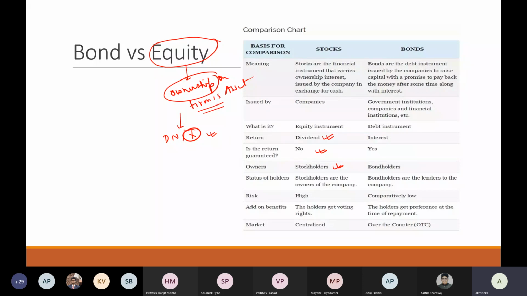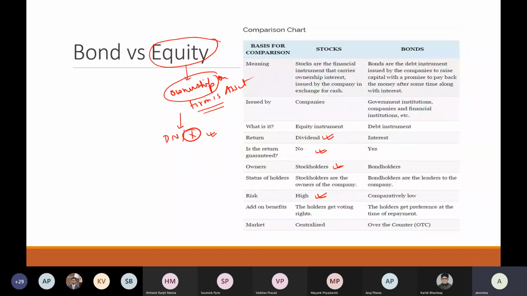In that case, the highest risk is for the equity holder or shareholder, because they do not enjoy a dividend every year, and as owners they are liable for the firm's obligations as well. That's why they bear high risk.